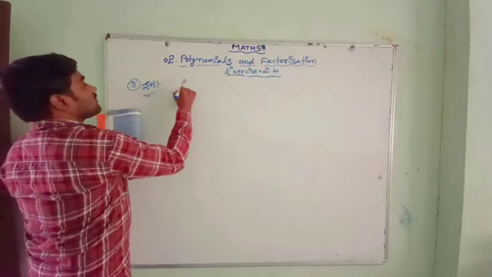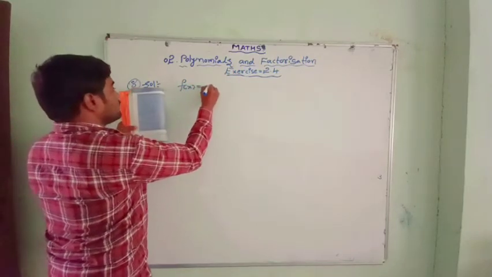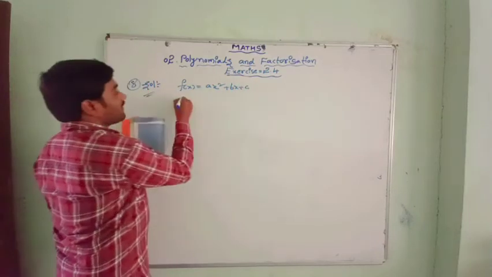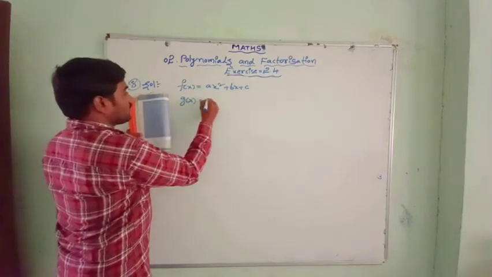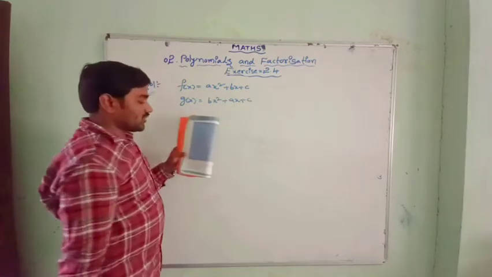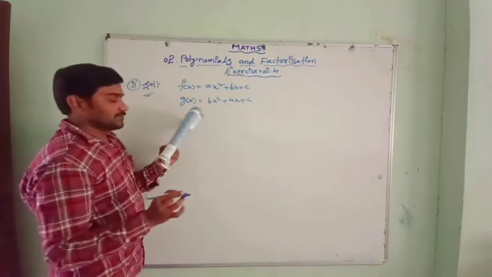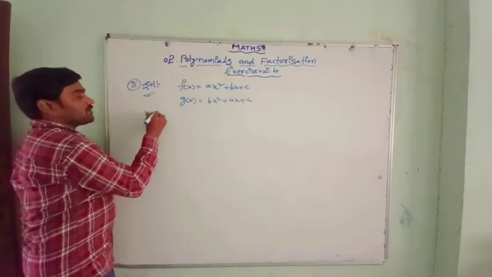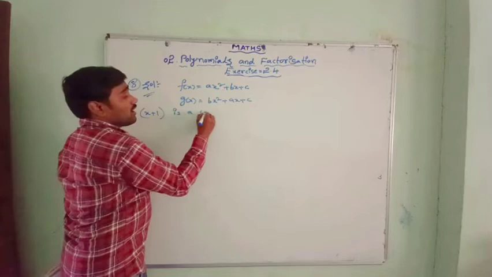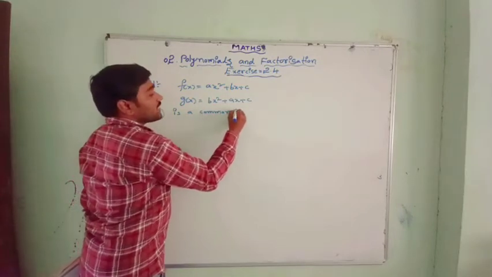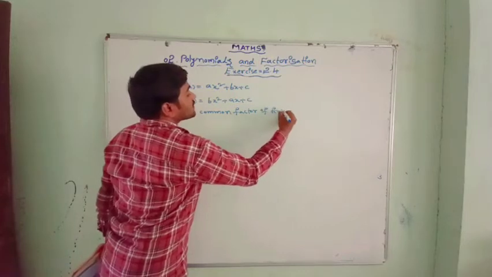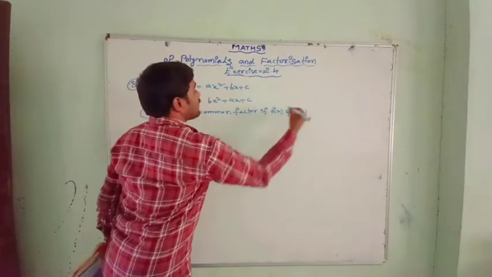Let us assume one polynomial as f of x, that is ax square plus bx plus c, and the other polynomial is g of x, that is bx square plus ax plus c. Here x plus 1 is a linear polynomial. It is a common factor of f of x and g of x.